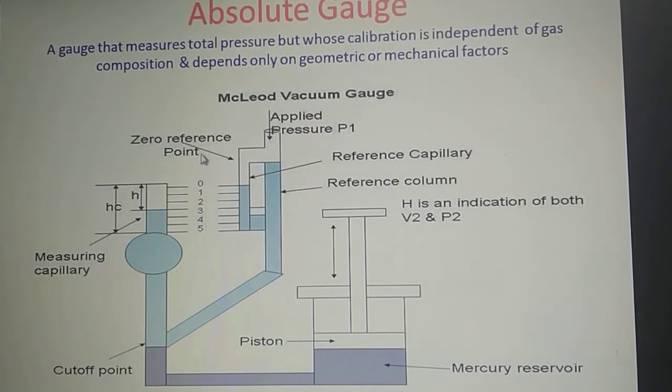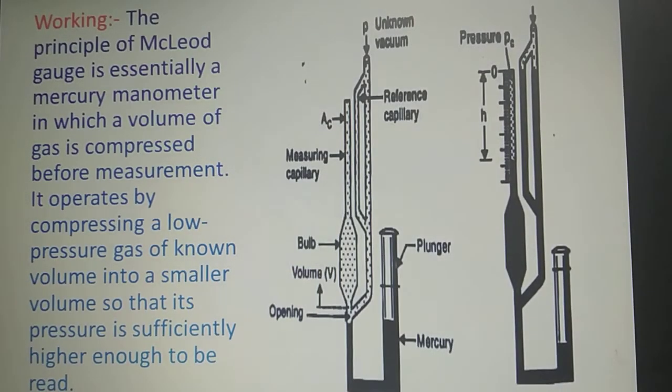Therefore it is called a zero reference point. With reference to this, the scale is measured on the right hand side capillary. This is also a capillary. So this is a measuring capillary, this is a reference capillary, right? And the height of the liquid column, that is the mercury column, is measured over here. Got it? So let's move and study in detail about the McLeod gauge.